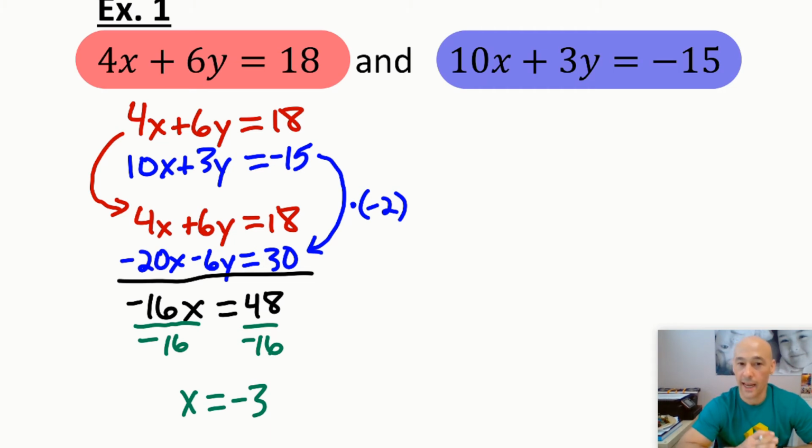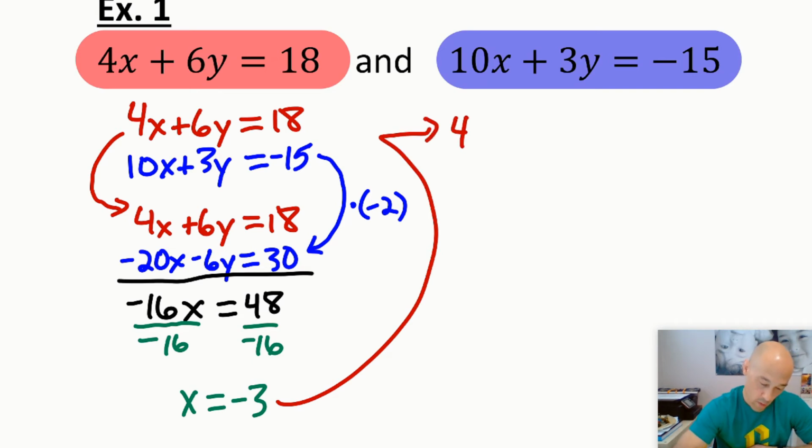So plugging in x into either one of them will result in the same y value. I'm going to plug into the red one here. So I have 4 times negative 3, plugging in negative 3 for x, plus 6y is equal to 18.